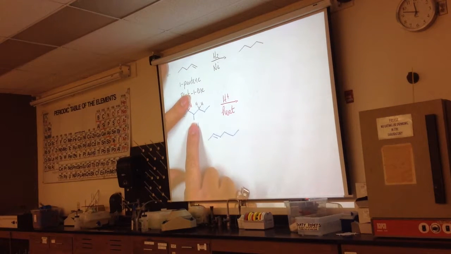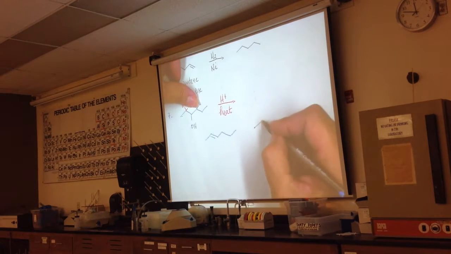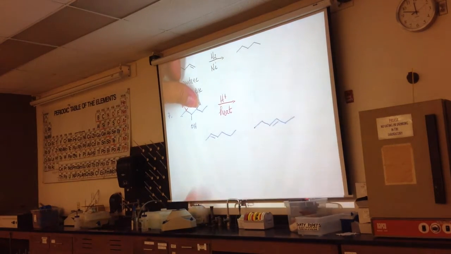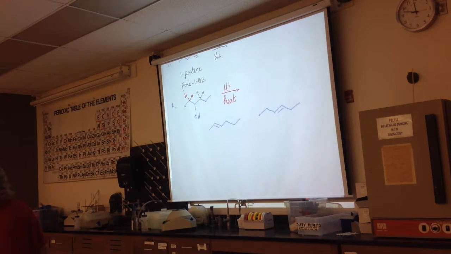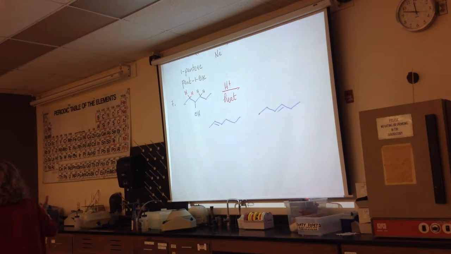If you remove water from there, your alkene is that. Is everybody seeing that? Are they the same? No, they're not. So both products are going to be formed, more than likely in equal amounts.